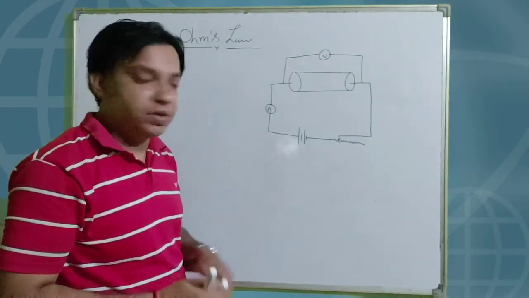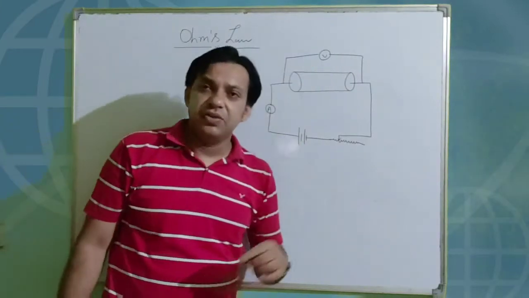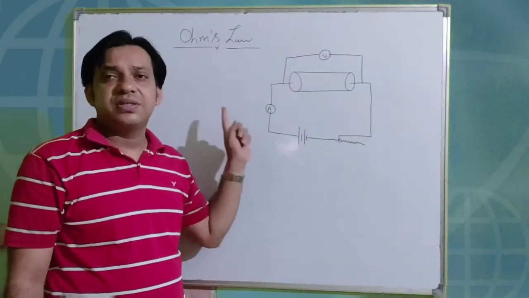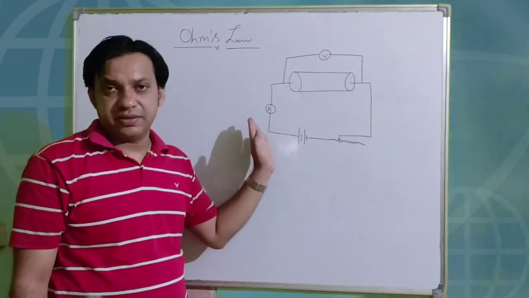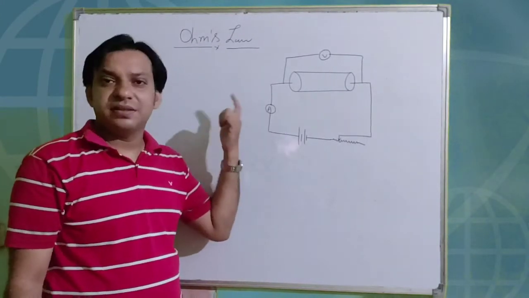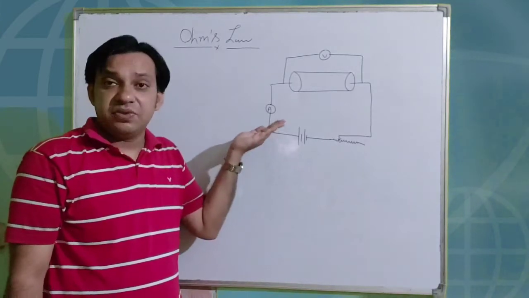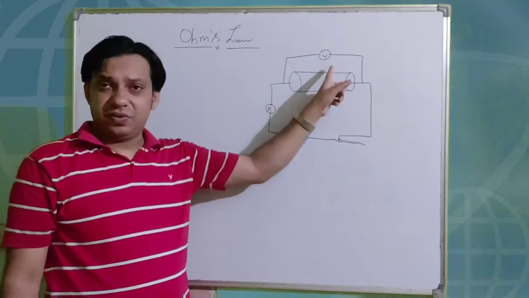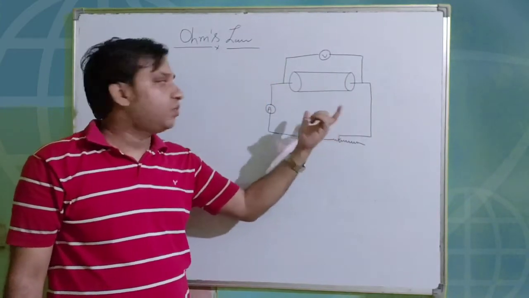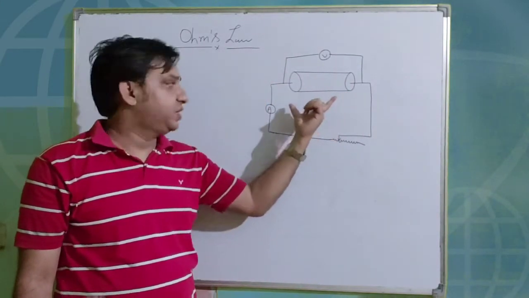First of all, what are the ammeter and voltmeter? The ammeter is a device which gives you the reading of the amount of current flowing through the circuit. And the voltmeter gives you the potential difference across these 2 points.